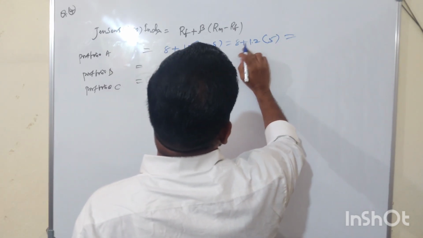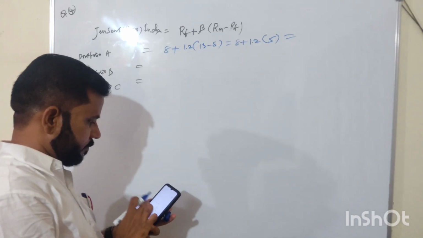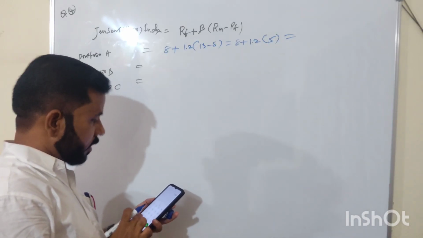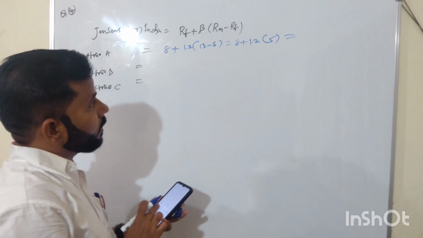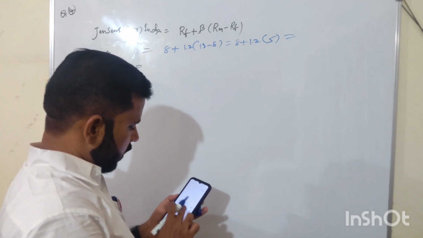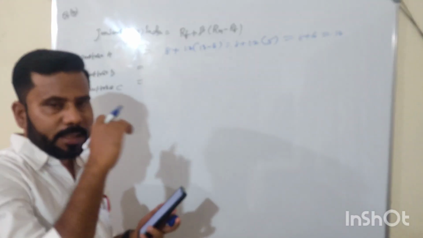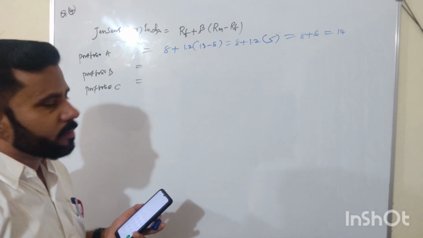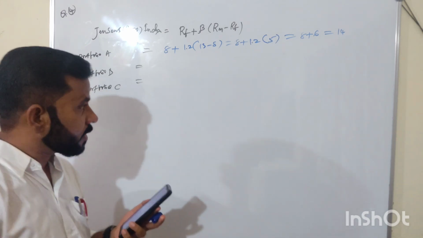Then 1.2 into 5, we get 8 plus 6. So 8 plus 6 means 14. I think it is repeated again. Already we have solved this, though let's solve it another time, because it becomes practice.